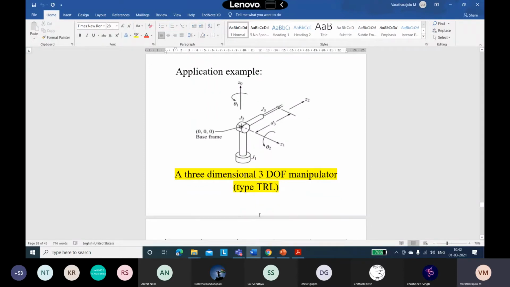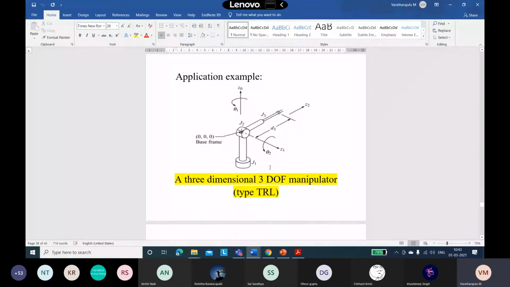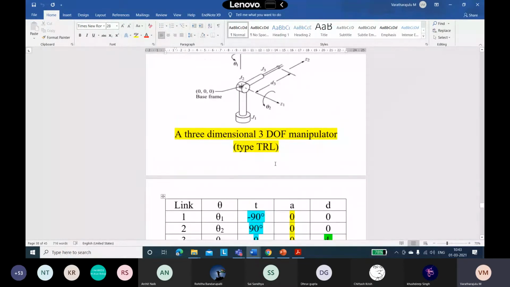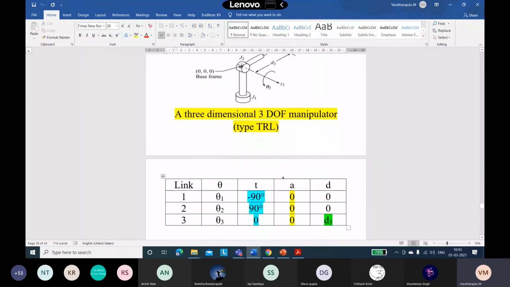A three-dimensional manipulator, of the type TRL. We have rotary motion, and we have linear motion. Here at joint 1 we have the link in the example, and the various inclinations or parameters related to this example are detailed in this particular table.